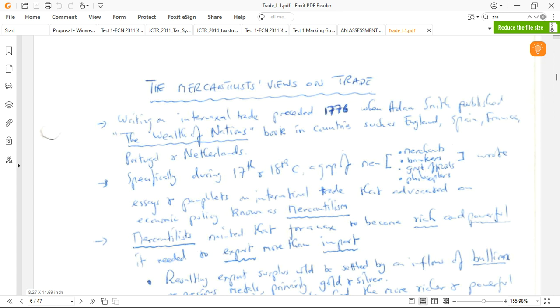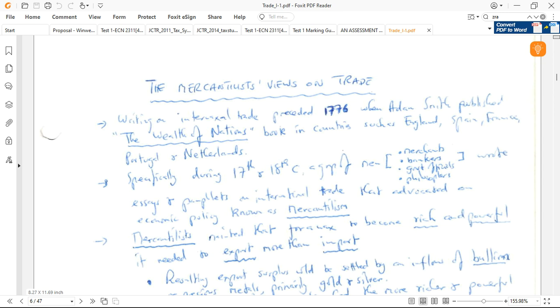For you to become rich, for you to become more developed, you have to export more than you're importing, right? So go back to GDP equation, trade balance, exports less imports. If you're exporting more than you're importing, you have a surplus, a trade surplus.